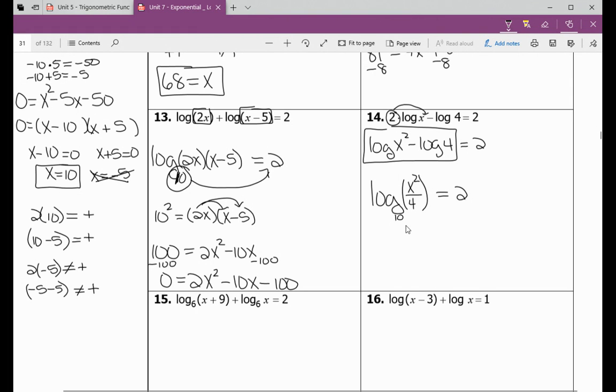Now, I'm going to take that base 10, raise it to this power, so 10 squared, and then I'm going to set it equal to whatever's inside that group, which is x squared over 4. So this becomes 100 equals x squared over 4.